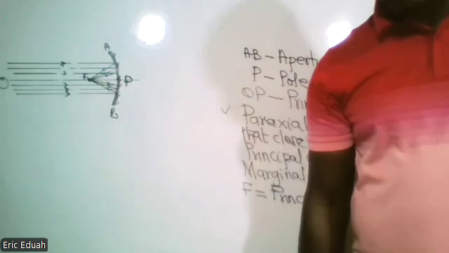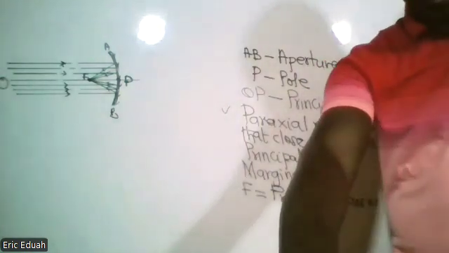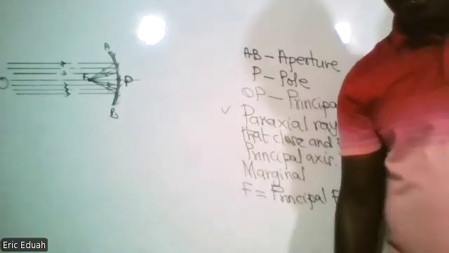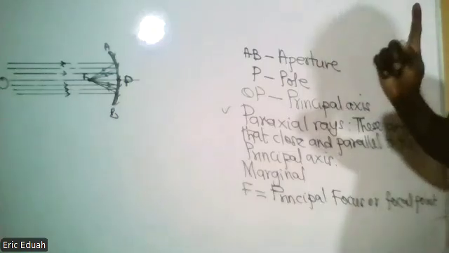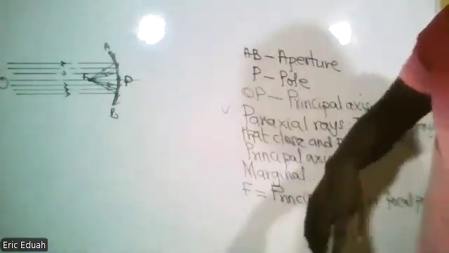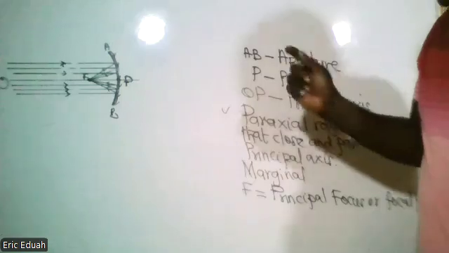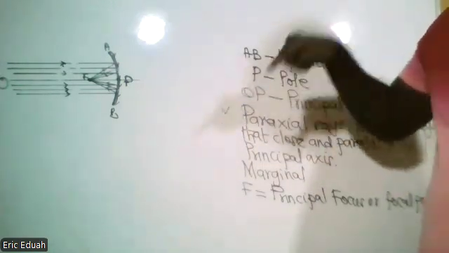Hey, somebody to re-echo that for us. It is the point where all paraxial rays converge after reflection. You are right, but it is a point on what, or at where? It is a point on the principal axis.